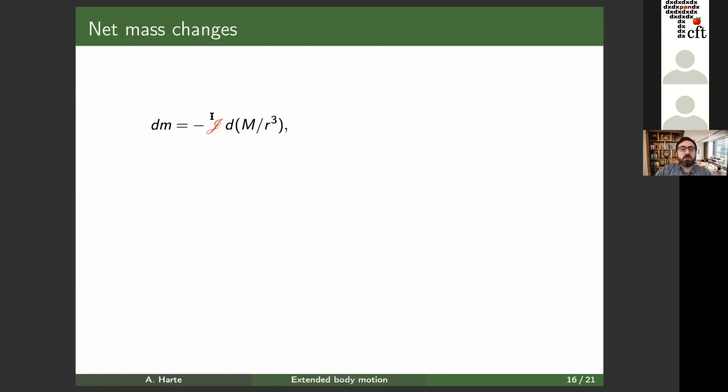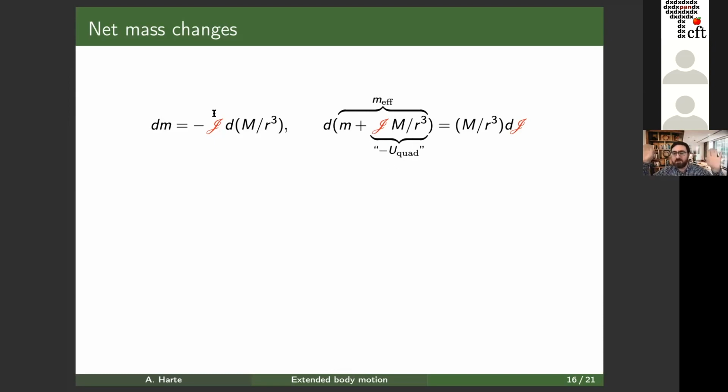Okay, so we have this relation. Again, control the mass, you control the motion. So we want to control the mass. How do we do that? We start with this relation, but it turns out it's useful to define a different mass, by subtracting off something like the quadrupole potential energy. If you think of this with some kind of vague thermodynamic analogy, it's like an ordinary energy and a free energy.